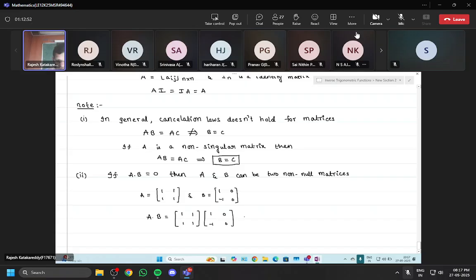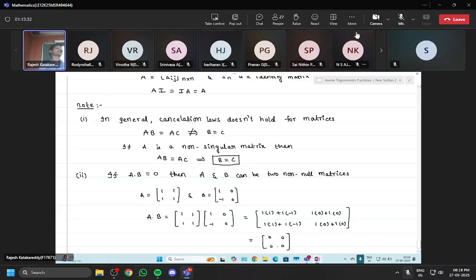Multiply row 1 with column 1: 1 into 1 plus 1 into minus 1. Row 1 with column 2: 1 into 0 plus 1 into 0. Row 2 with column 1: 1 into 1 plus 1 into minus 1. What are we getting? We are getting 0, 0, 0, 0.